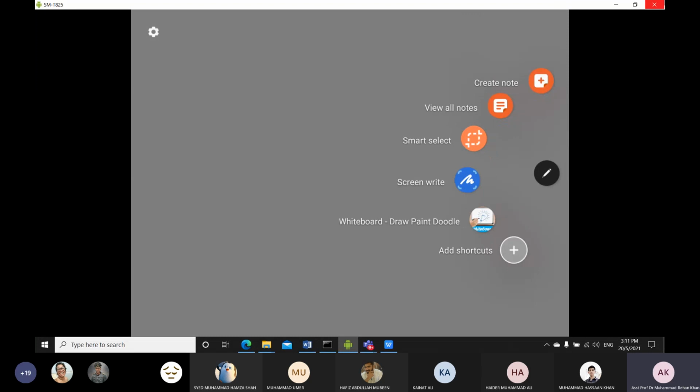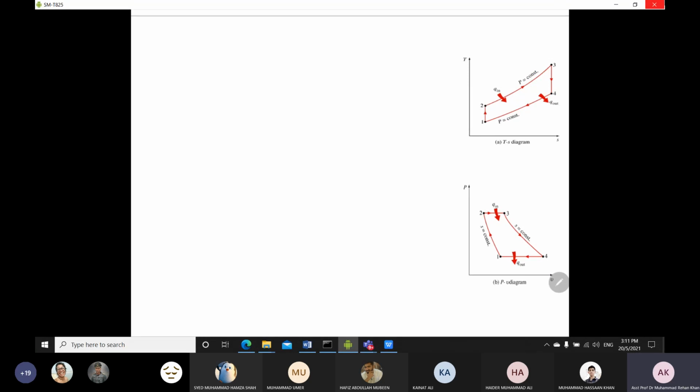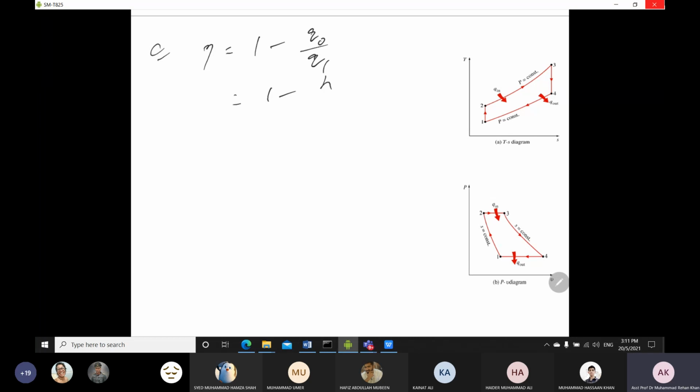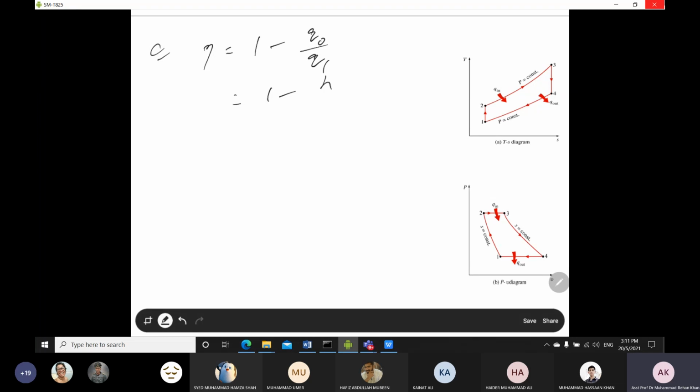Okay, so coming towards part number C. In part number C, our main target is to find the efficiency. So efficiency is equal to 1 minus Q out over Q in. Okay, so Q out is between 4 to 1 and Q in is between 3 to 2.